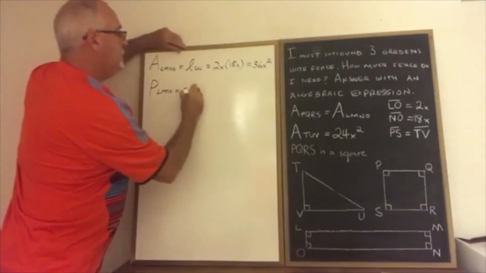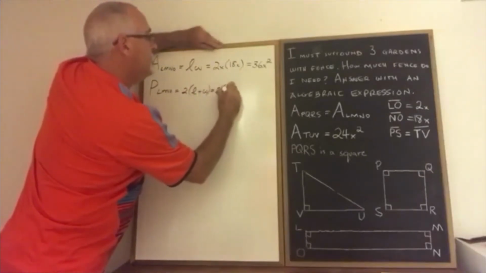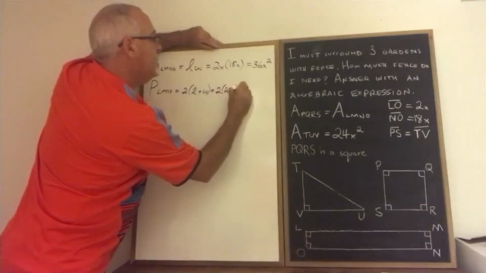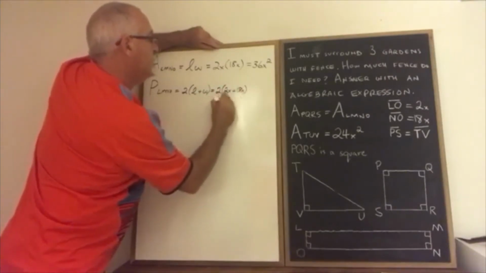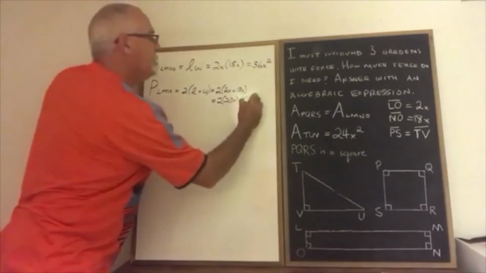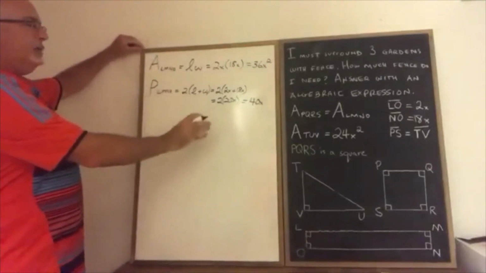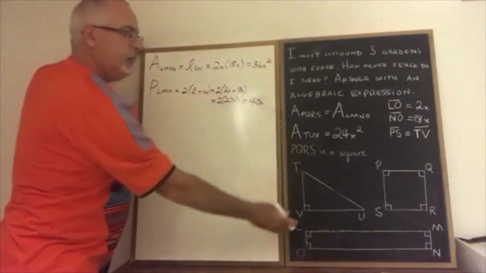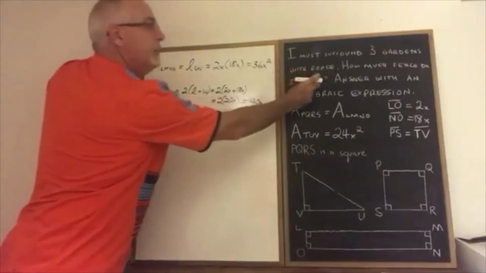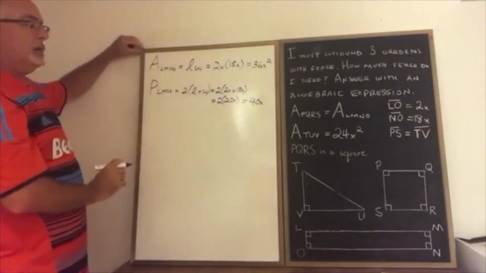It's going to be 2 times the length plus the width, which is 2 times 2x plus 18x, which is 2 times 20x, which is 40x. So we have an algebraic expression for the perimeter of the rectangle, and that's part of our final answer. And how much fence do we need? We have started earning marks here.